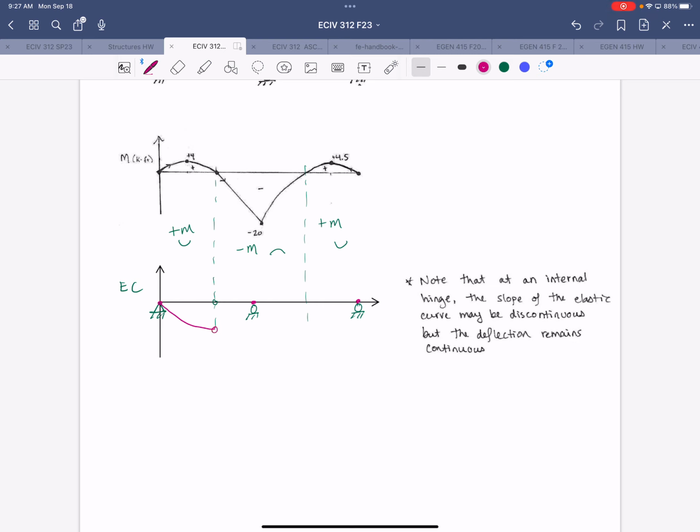And then at the hinge, all right, discontinuous slope. So it can be kind of a sharp change to concave down instead of a smooth curve like we drew on the last example. And then here, it stays concave down until we get to this point where it's going to shift to concave up. So this is our next inflection point.